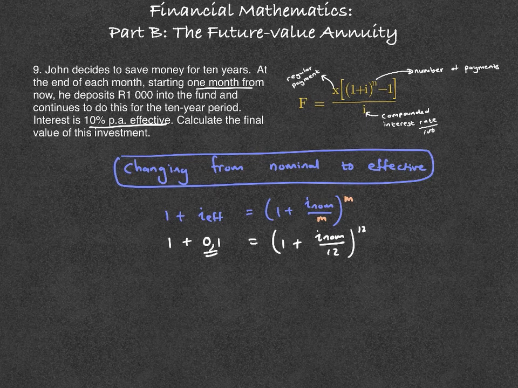So in other words, you're going to find the 12th root of 1 plus 0.1 is equal to 1 plus I nominal divided by 12.